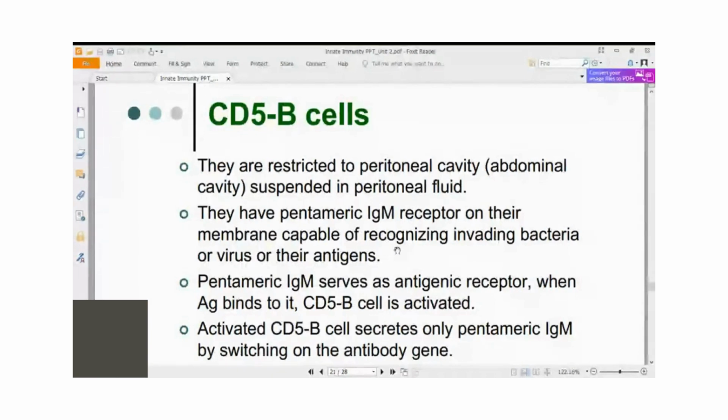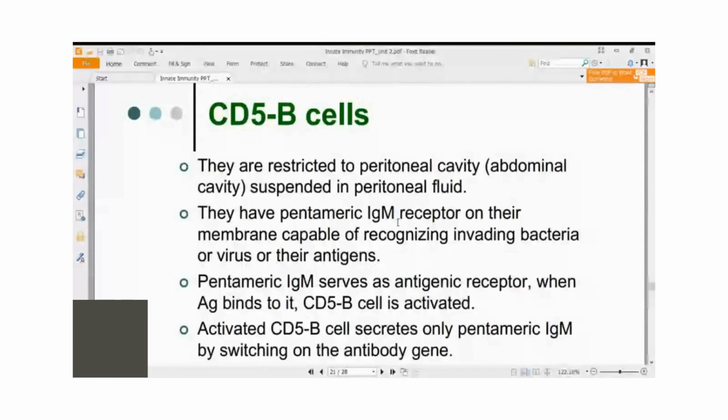At the same time, this cell is restricted only to the peritoneal cavity. The peritoneal cavity is the cavity found in the abdominal region in which your digestive organs or digestive tract is suspended, and there is some amount of peritoneal fluid there which lubricates these organs and prevents these organs from attaching to the body wall.